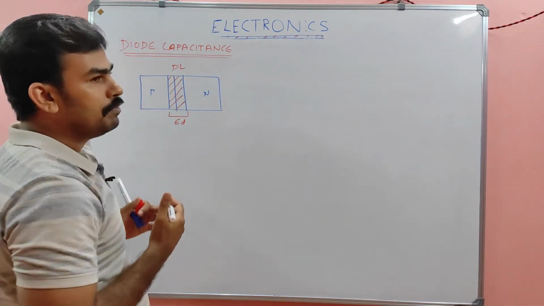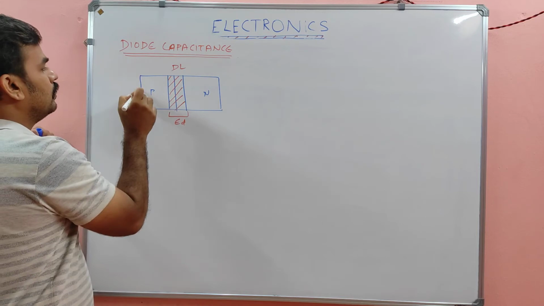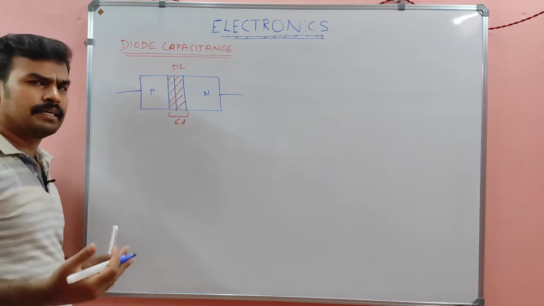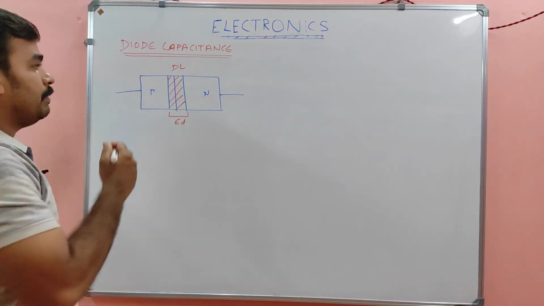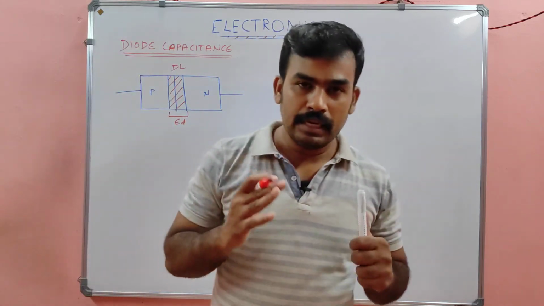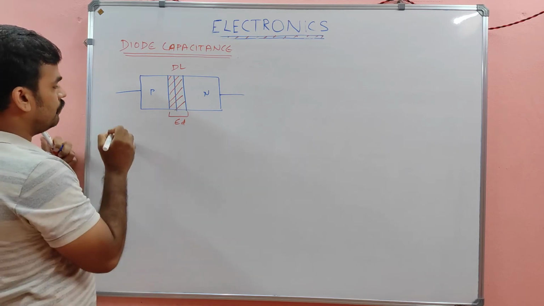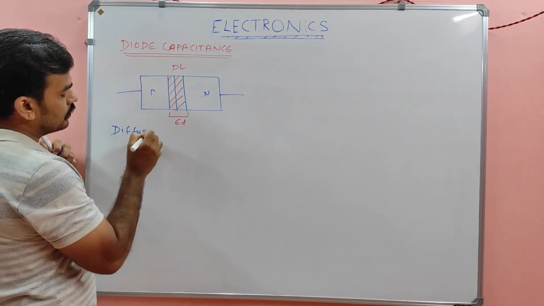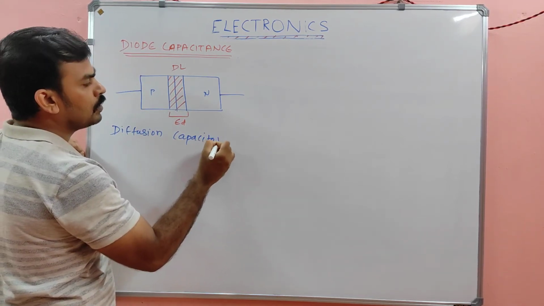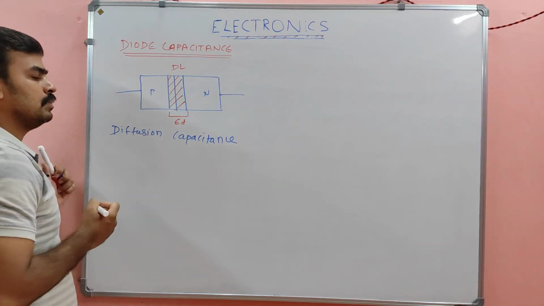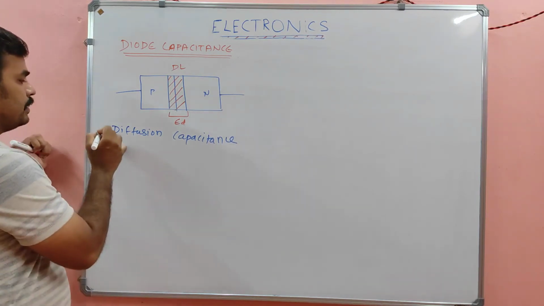Whenever we connect it to an external terminal, it will lead to either a forward or a reverse condition. So there are two types of capacitance in a PN junction diode. The first one is diffusion capacitance and the next one is the transition capacitance.